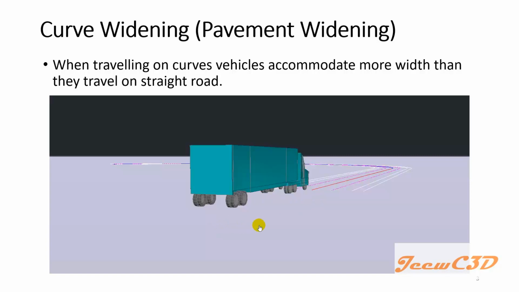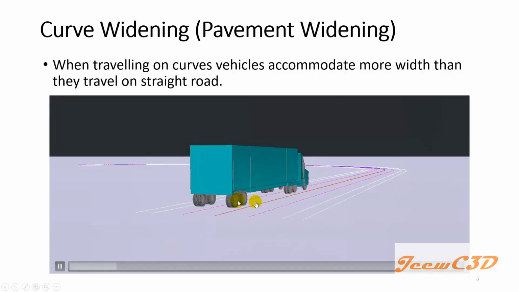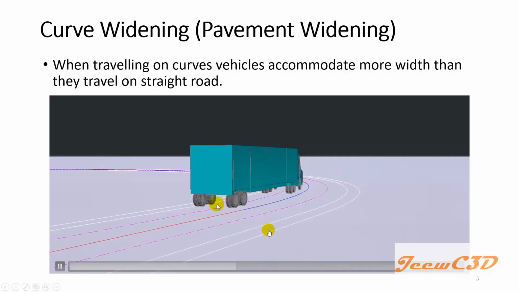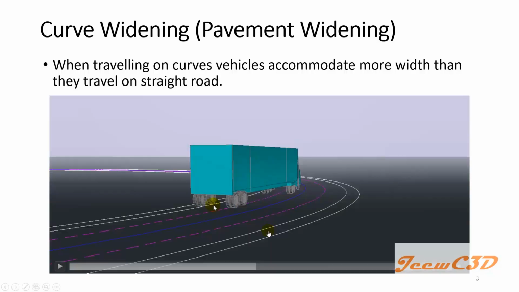But we will look at how it happens when a vehicle is traveling on a curve, especially a heavy vehicle. Here this vehicle is traveling. Now these tires are inside the lane. You will see what happens when it comes into the curve.